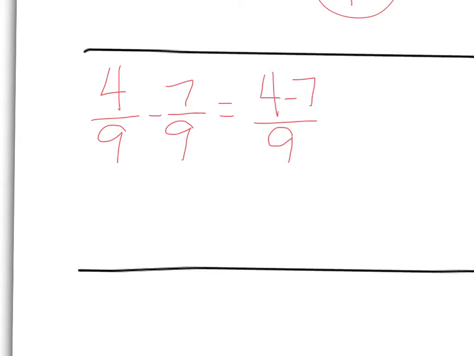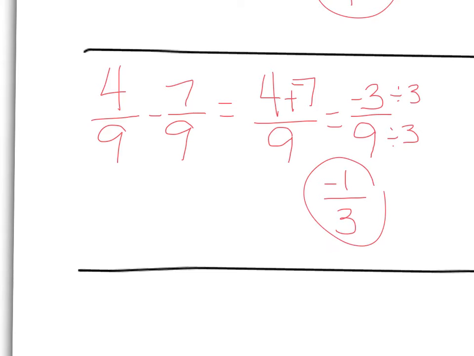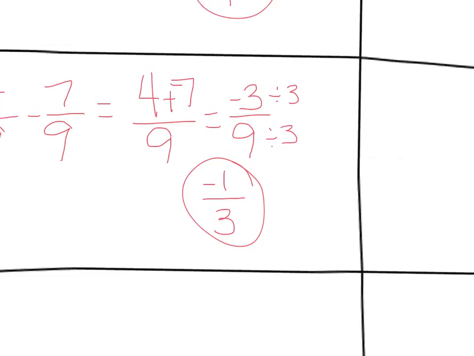So I have to keep, change, change first, then I can use my integer rules. Now I have 4 plus a -7, and thinking through my integer song, I know that gives me a -3. My denominator still is a 9. Last thing, we want to make sure it is simplified. -3 divided by 3 gives me a -1. 9 divided by 3 gives me a 3, for an answer of -1/3.